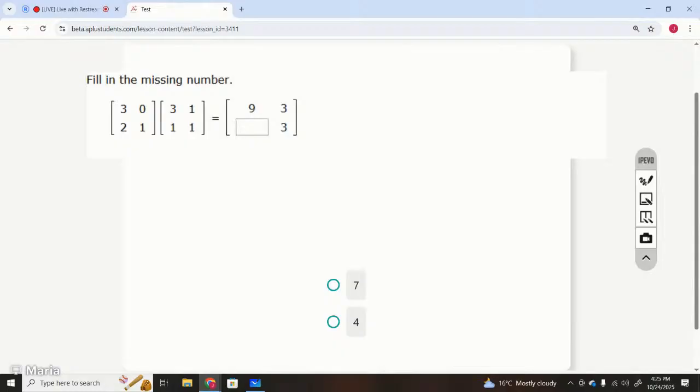Fill in the missing number. That is second row, first column. Option number 1 is the correct option. 7 it is.